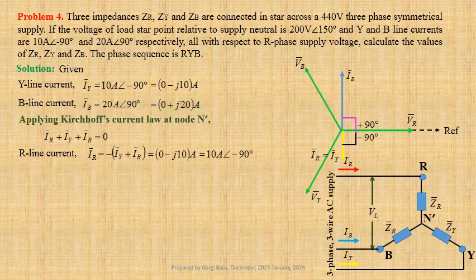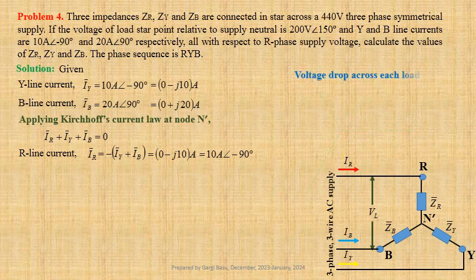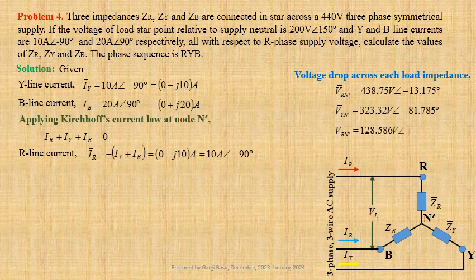We have determined voltage drop across each load impedance: Vrn dash equals 438.75 volt at an angle minus 13.175 degree. Vyn dash equals 323.32 volt at an angle minus 81.785 degree, and Vbn dash equals 128.586 volt at an angle plus 68.943 degree.